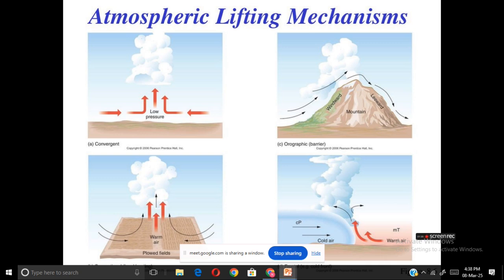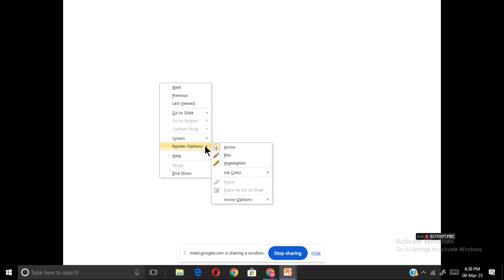Suppose there is a low pressure system present at the surface. Since it is low pressure, the surrounding will be at a higher pressure, so the air parcels start to move towards this low pressure from the surrounding high pressure region.